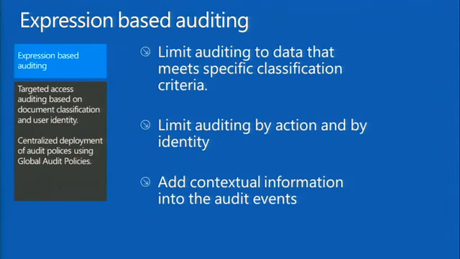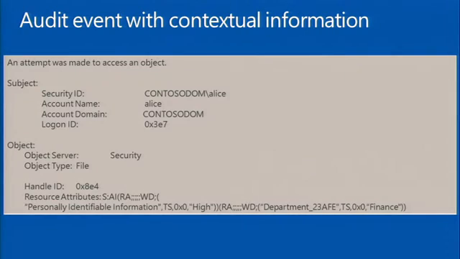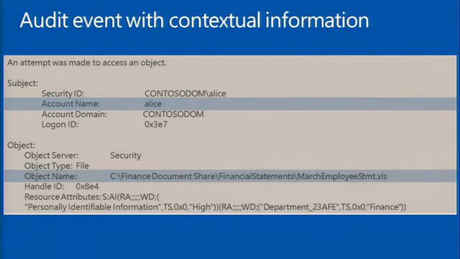Now, it's not enough to audit it. You also need to be able to have some contextual information in the events so that when the audit is collected, you can have reports such as who accessed all my financial information the last 3 months. So when we audit these events now, we audit them in a way that, of course, has the user, has the file, and has the contextual information of how the file was tagged.